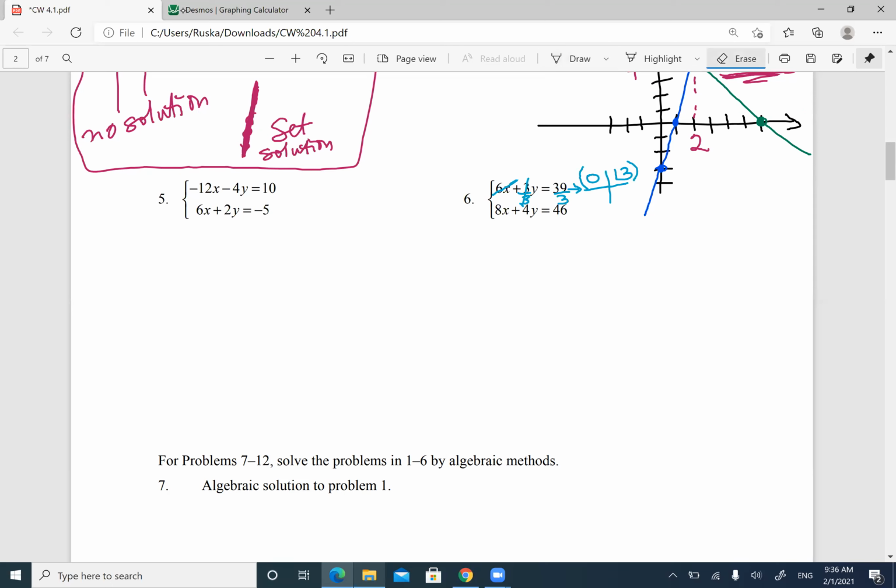Then after that, I'm going to pick 0 for y. So when I replace y with 0, 3 times 0 is 0. So now I have to divide both sides by 6 to get x. What is 39 divided by 6?